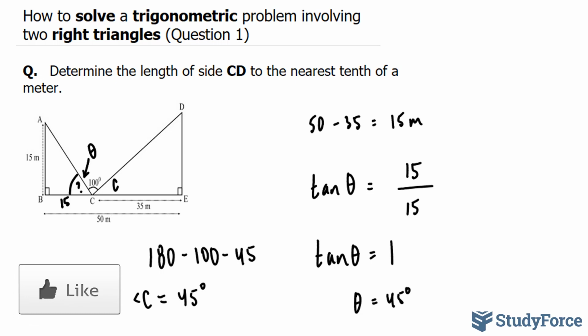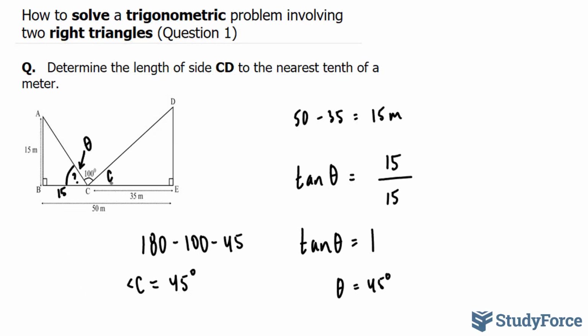Next, what we have to do is find out the hypotenuse of this right triangle. We know the angle C, and we know the adjacent. We need to find the hypotenuse. The trigonometric ratio that relates the adjacent and the hypotenuse is cosine. So I'll do the math here. Cosine of angle C is equal to the adjacent, which I'll represent as ADJ, over the hypotenuse.